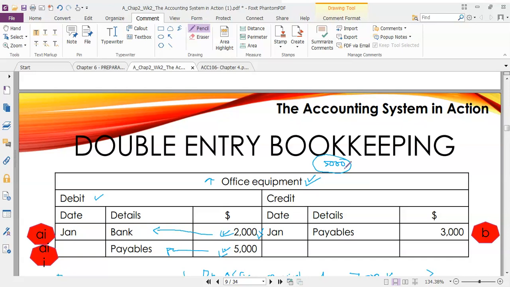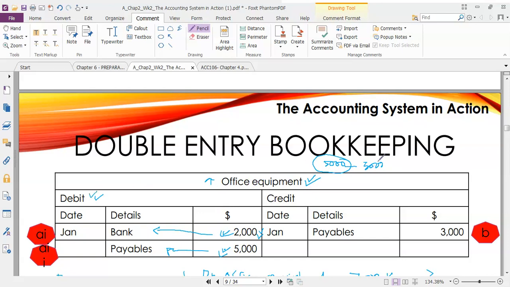So, daripada RM5,000 tu, RM3,000 tu kita pulangkan barang tersebut kepada supplier. So, kita akan keluarkan dari office equipment. So, office equipment kita tadi ada RM2,000 dan RM5,000. Tadi increase in office equipment, maksudnya kita beli, dia dekat sebelah debit.